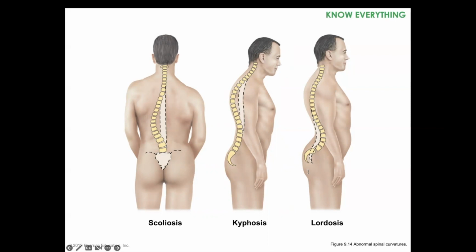Kyphosis shows an excessive curve in the upper thoracic and going into your cervical vertebrae. And this person looks like they have like a humpback. And then last, we have lordosis, which is an excessive curve in the lumbar vertebrae. It's really common in pregnant women, and this looks like a really excessive pelvic tilt. Kind of has that lifted butt look.